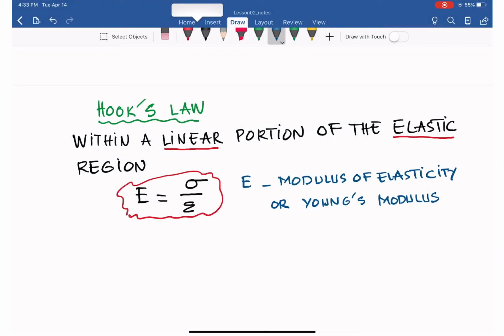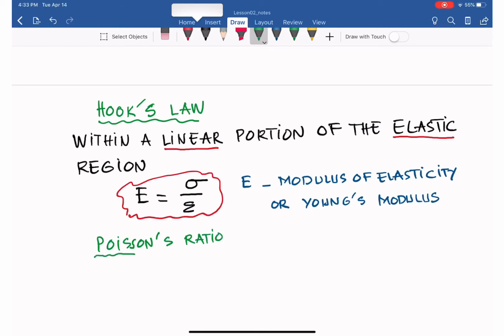So that is Hooke's law, and you know the unit, and you know where to find E, the modulus of elasticity. The next concept that we want to talk about is Poisson's ratio.